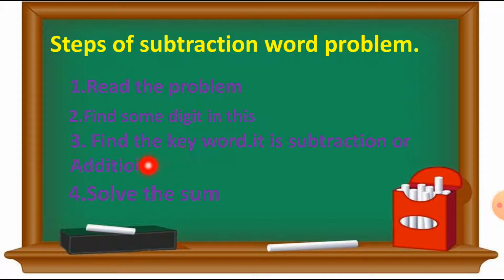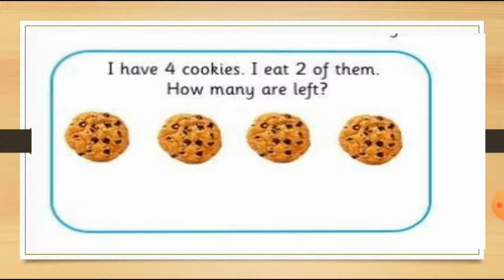Then number 3, find the keyword. It is subtraction or addition. You have to find one keyword which indicates whether it is a subtraction or an addition, and then the operation you have to do. And then at the last, after deciding whether it is subtraction or addition, you have to solve the sum. Let's take one more example for you.